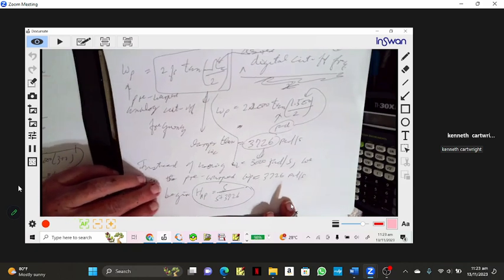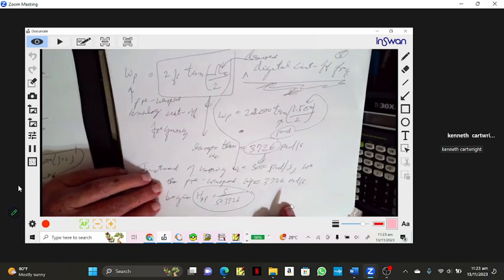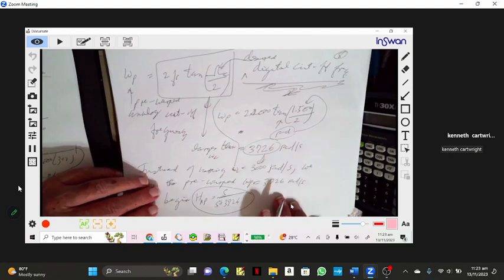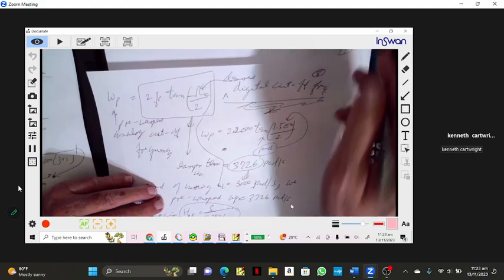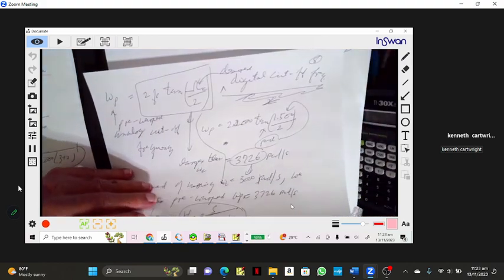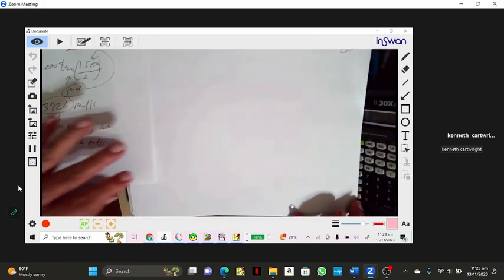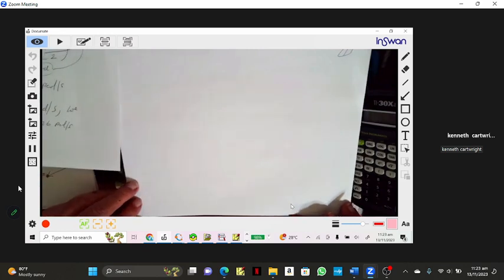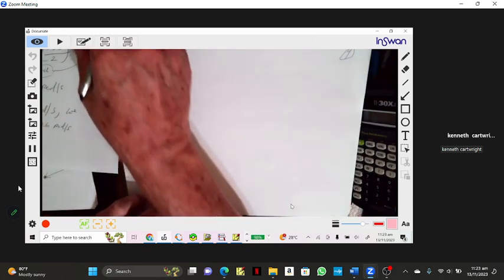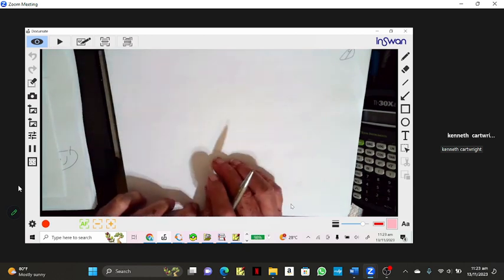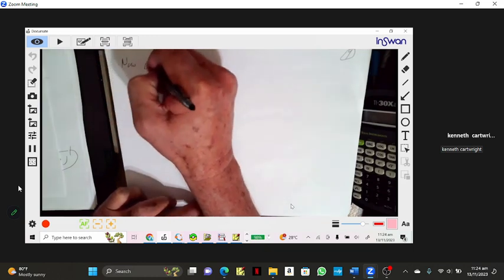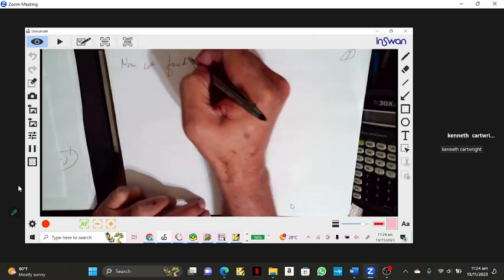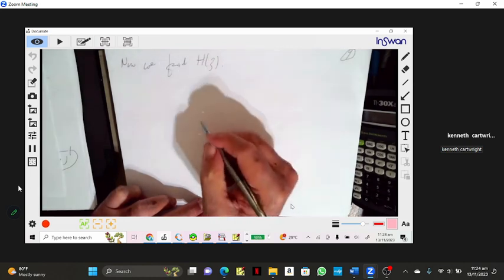And how do we find the transfer function of a digital filter? So now we find H of Z. How?